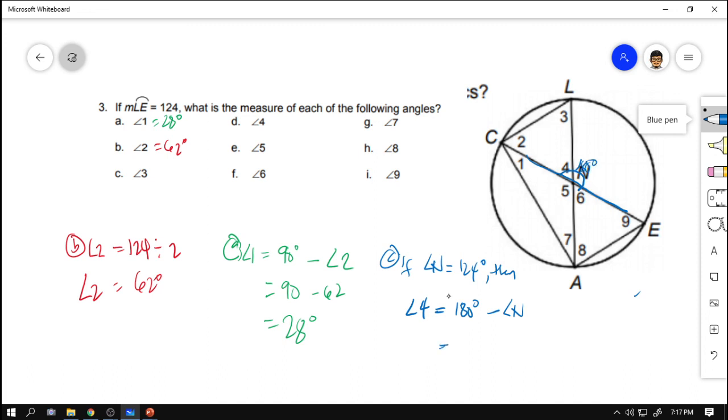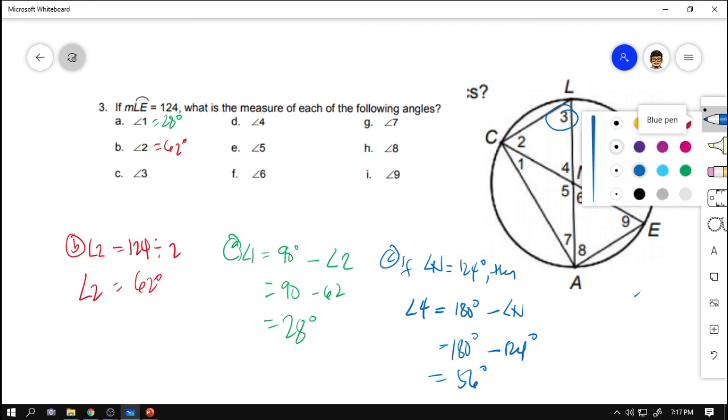Okay? So, 180 minus angle N. Angle N natin ay 124. So, 180 minus 124 is 56 degrees.